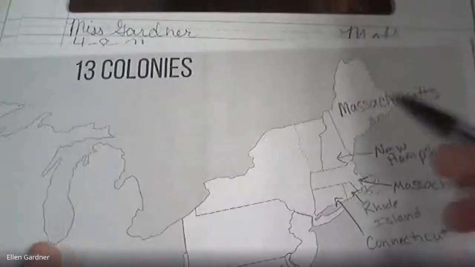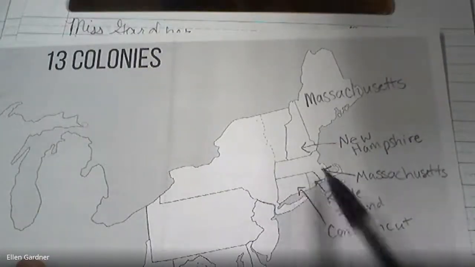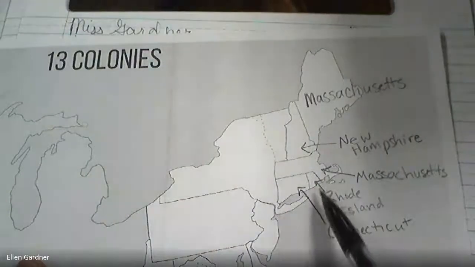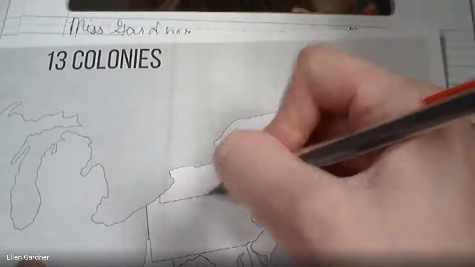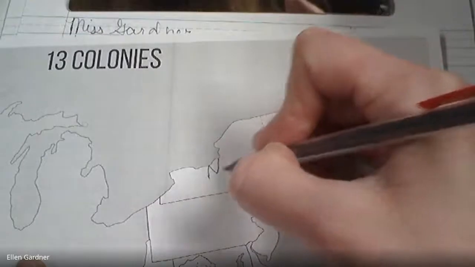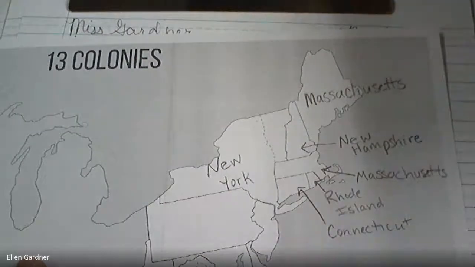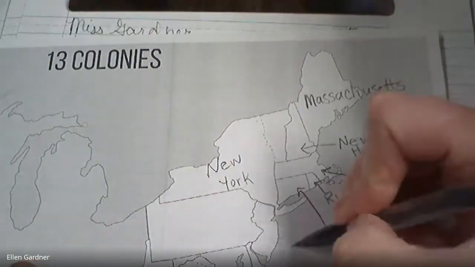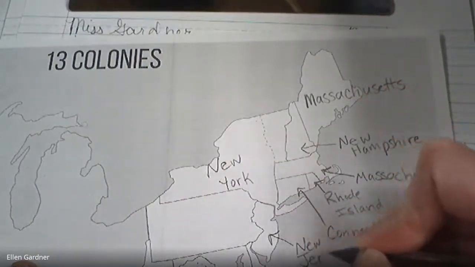Let me zoom in a little closer so you can see this as well. So Massachusetts, New Hampshire, another Massachusetts, and that's what we now today call Massachusetts. This is a different state. Rhode Island, Connecticut, that's really the only one that's different so far. Now right here is New York. Over here, we have New Jersey.